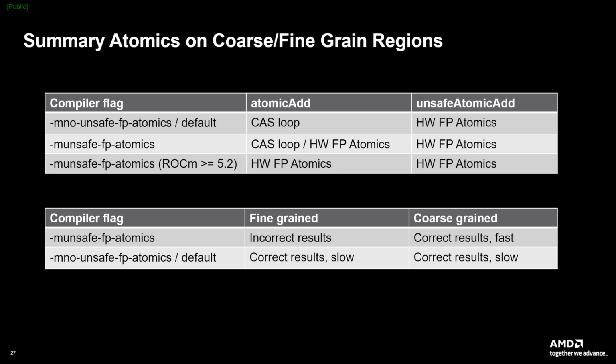If you just use -munsafe-fp-atomics when it's later than ROCm 5.2, you will get the hardware atomics. Do be cautious when you're using this to make sure that you are getting the correct results. There is a variation in the performance of all of these. I'll show the relative performance of these in one of the following slides.